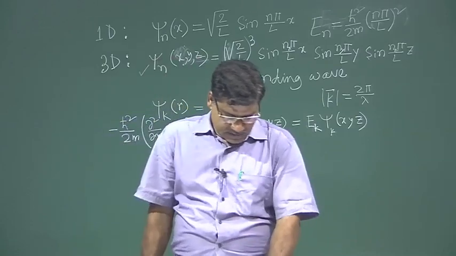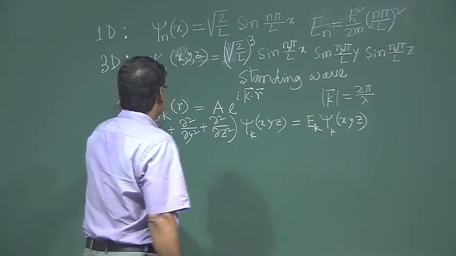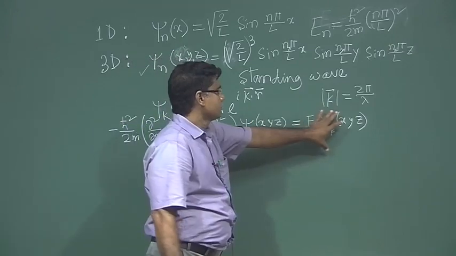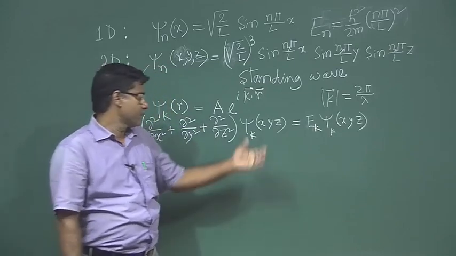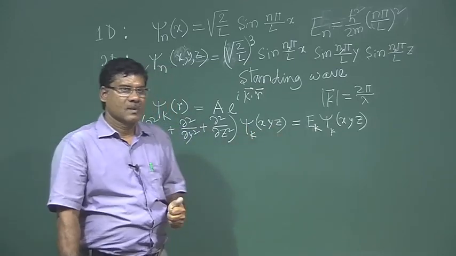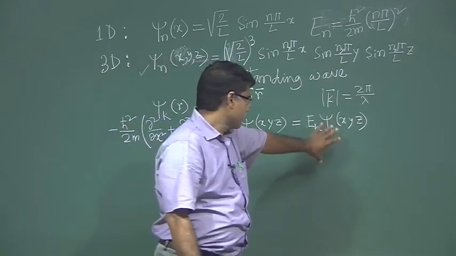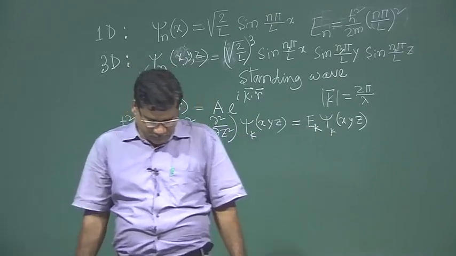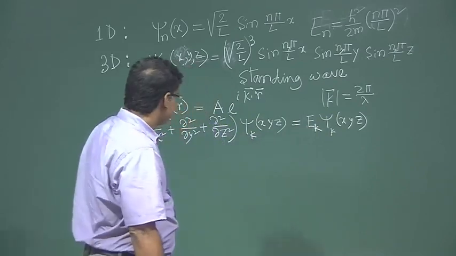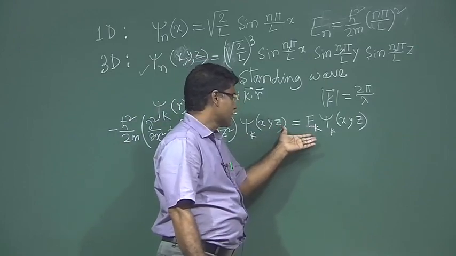This is the one condition, that this wave function has to be the eigen function, where this E k will be the eigen value. If so, then this will be called the eigen function Schrodinger equation.